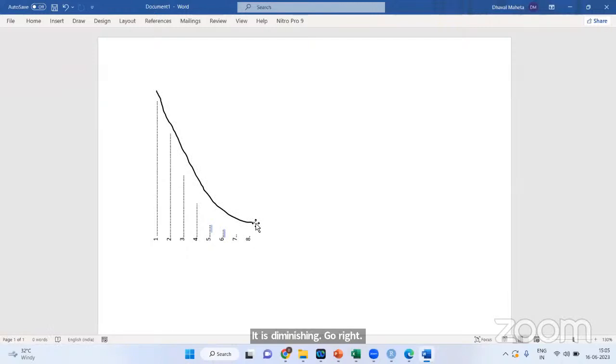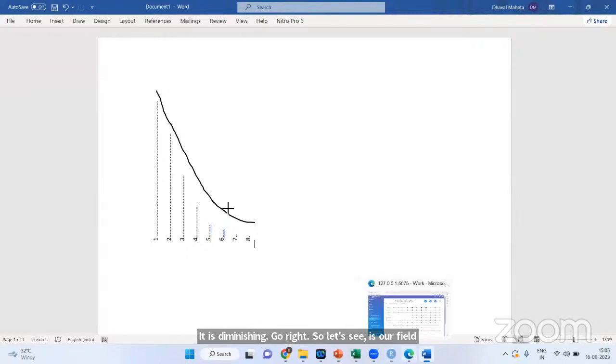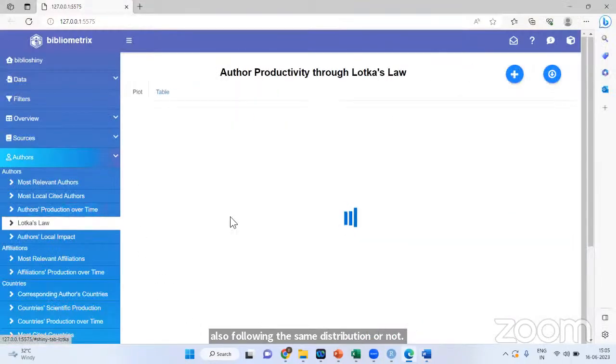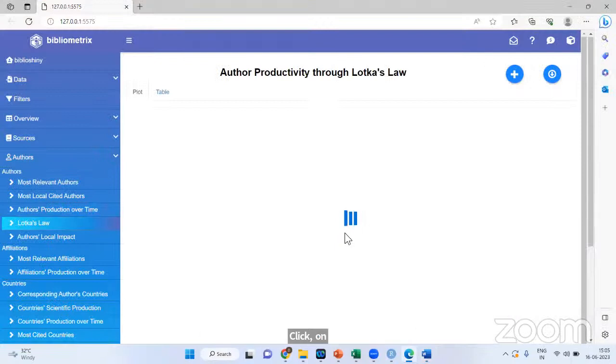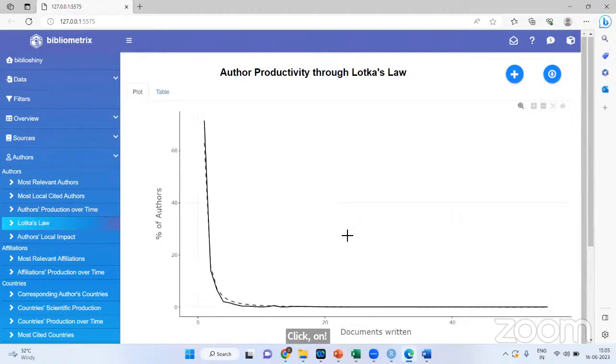So let's see, is our field also following the same distribution or not? Click on Lotka's law. Is it the same?